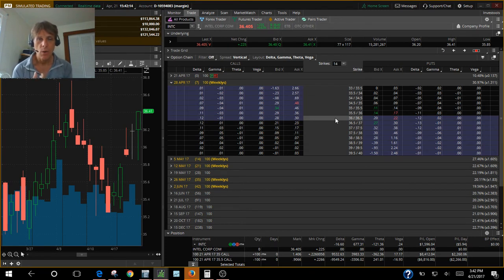What I don't want is to have to rely on it going somewhere. If the stock moves up and makes money, hey, great, that's wonderful. But what if the stock doesn't move up? What if it stays where it is? Is my position going to make me money? So I always want to make sure when I'm buying something, I look at the position that I'm going to be getting into.